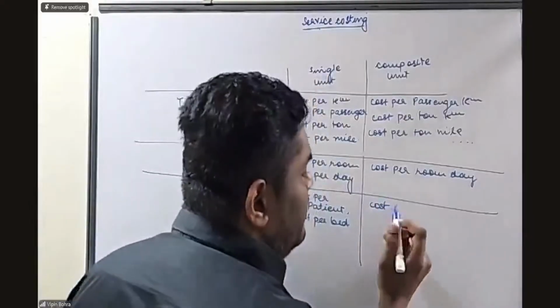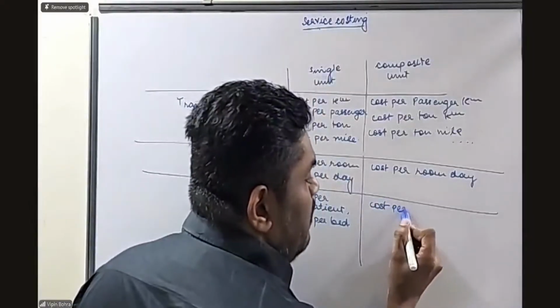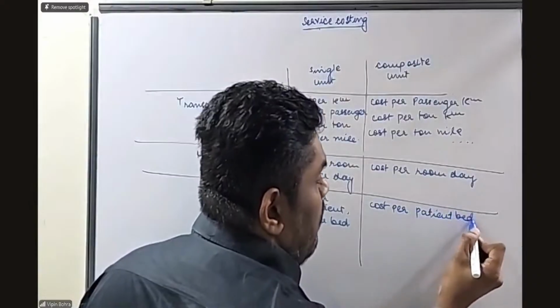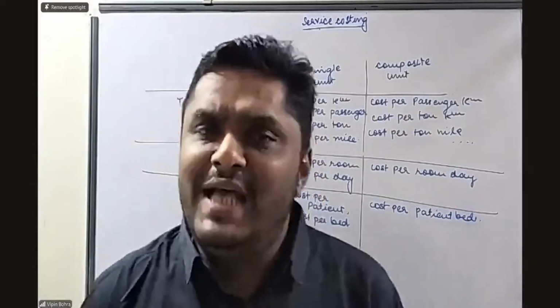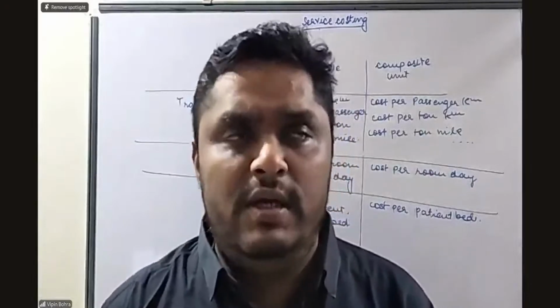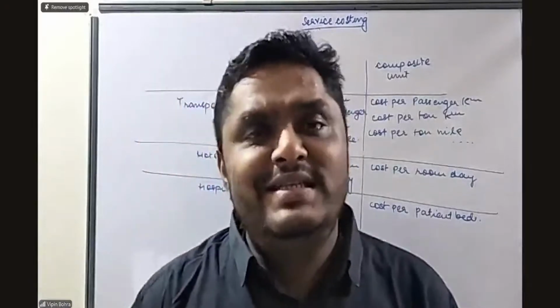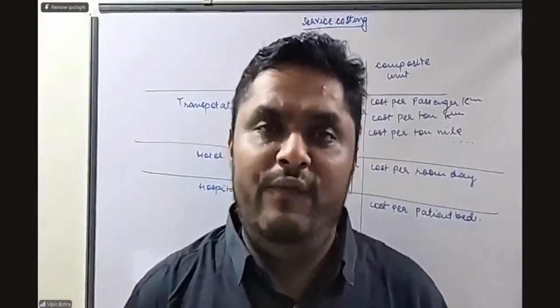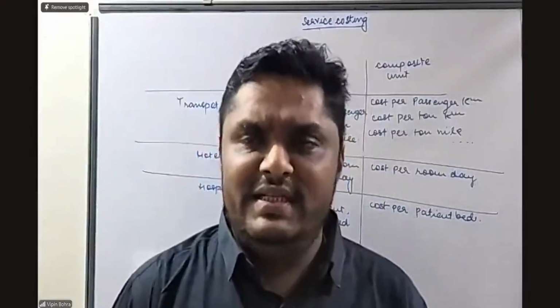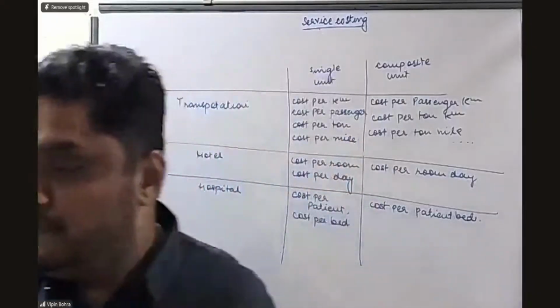So we will calculate the cost per patient bed. So these are a few examples of single unit and composite unit that are generally used in the questions. The detailed list is there in the study material, so you can refer. Those who want to copy this part, you can copy, else it is given in the study material also.